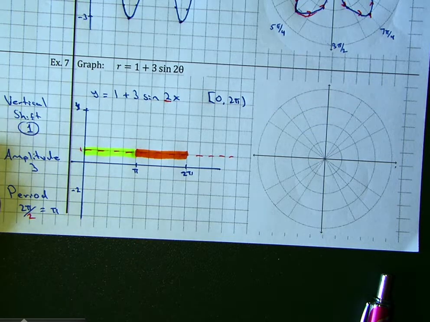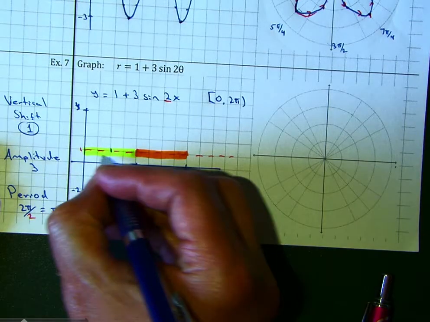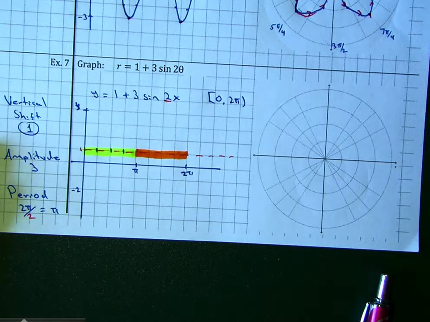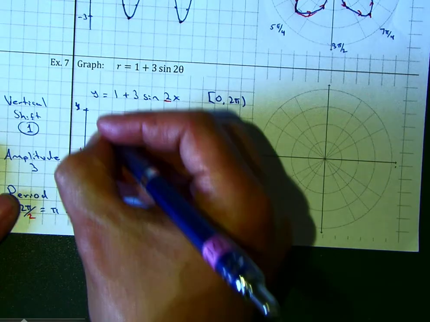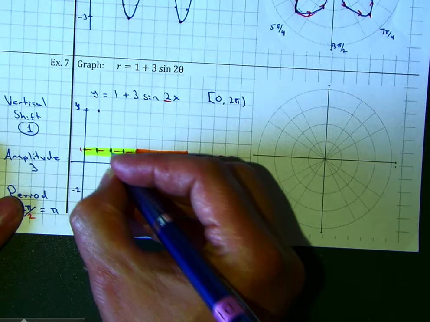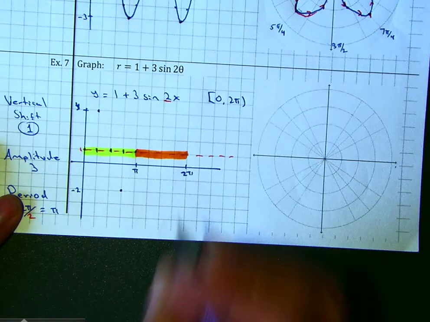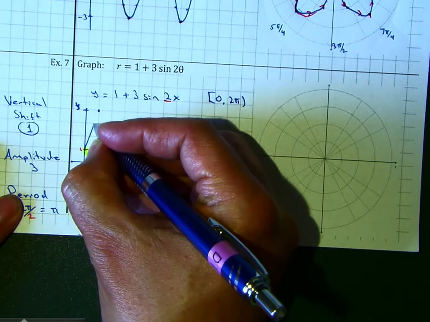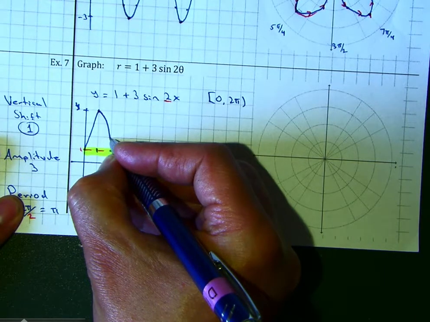And now we can graph. We divide in 4 sections, half, half, and half. Sine once again starts at 0, goes up, down, and now a full rotation is here.